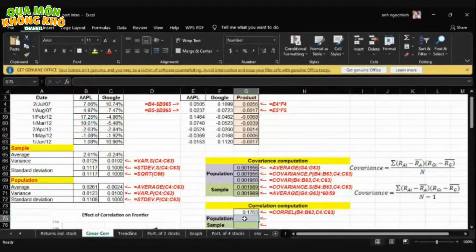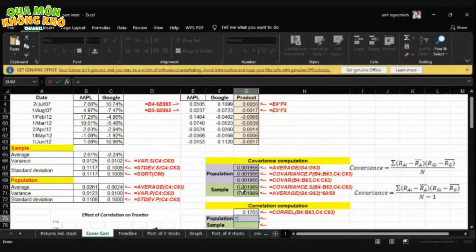For the population, we take the covariance of populations divided by the standard deviations of the two stocks.